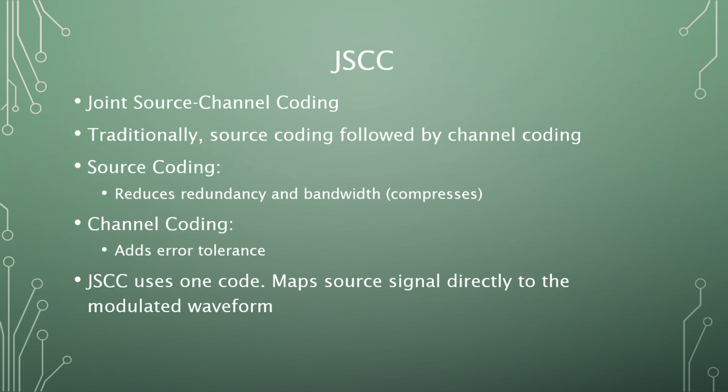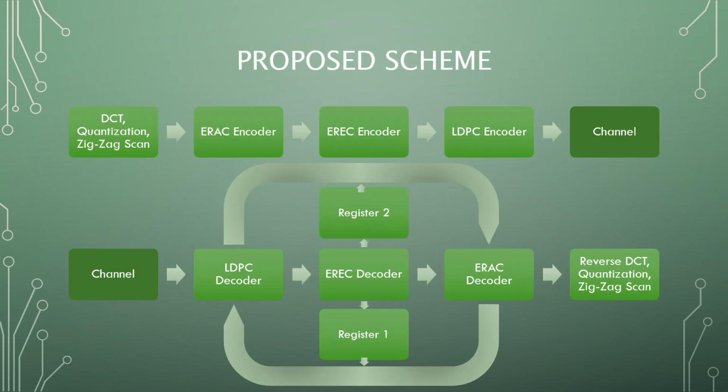And so the specific JSCC scheme that is used in the research paper looks as follows. Although there are several steps, we'll go into detail into each one before we present the results. The top row here is what happens at the transmitter. It's all the encoding.